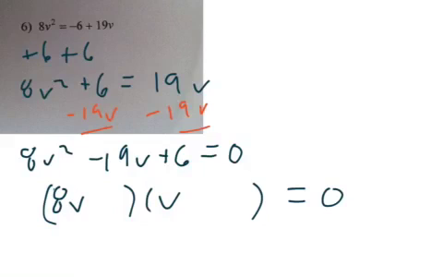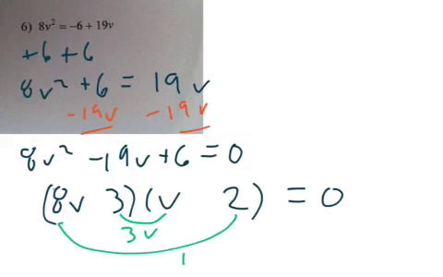So if I try 2 times 3, that's not going to work, or 3 times 2. Watch this, guys. If I do 3 times 2, isn't 3 times v 3v? Isn't 2 times 8 16v? And if I make them both negative, I'm going to get negative 19.